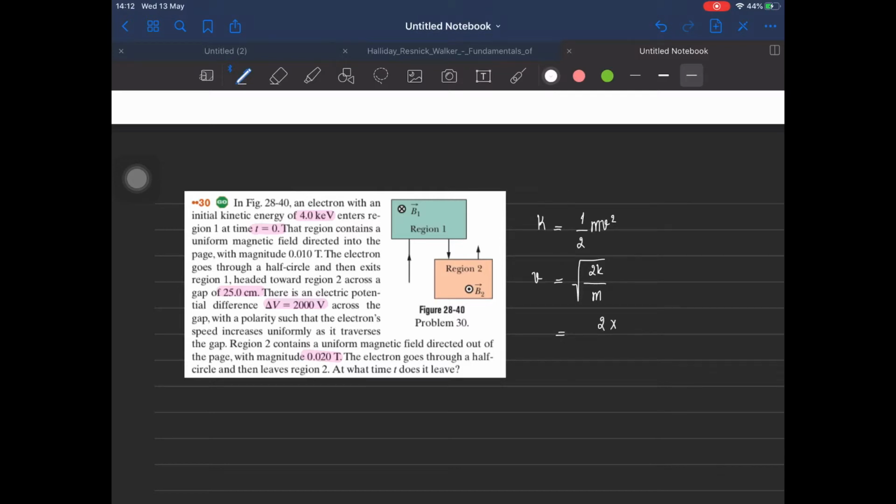So it's 2 multiplied by 4, and kilo is 10 to the 3, right? So we multiply by 1.6, multiply by 10 to the minus 19, so that we have the unit as joules, the standard measurement unit for our problem.